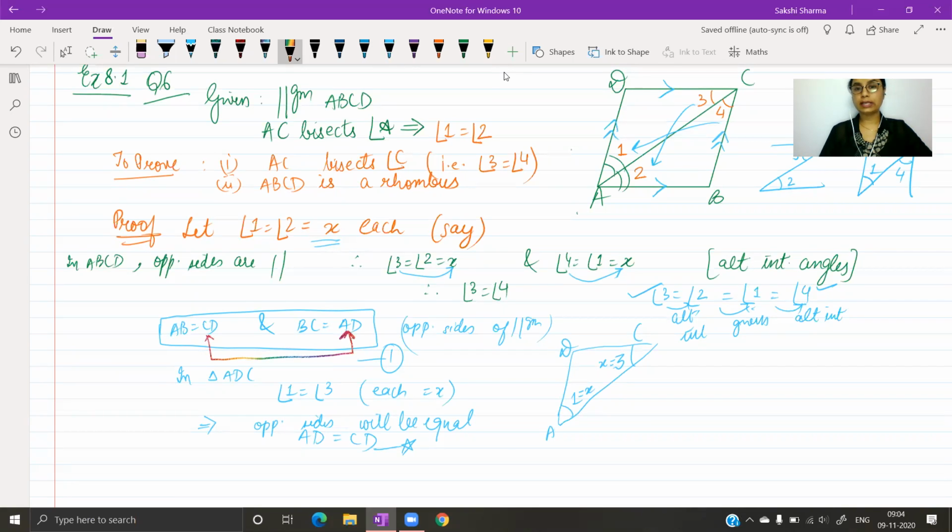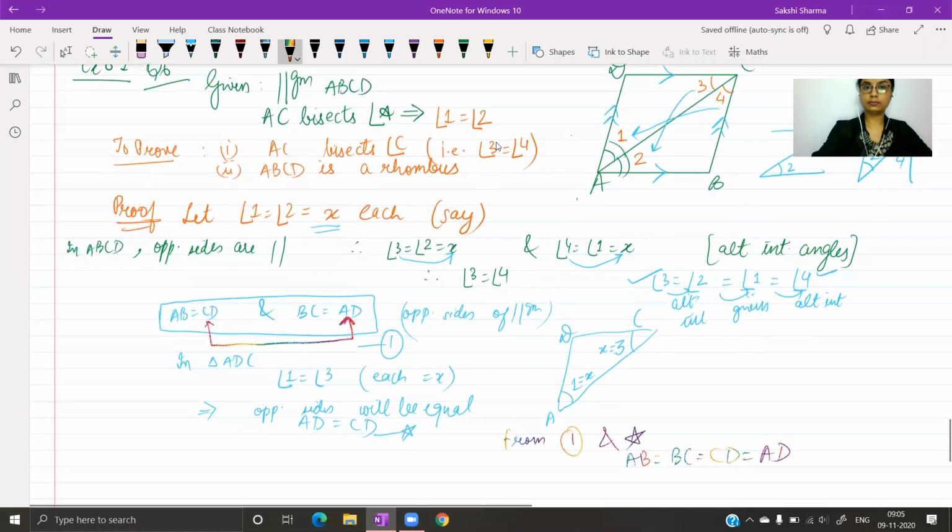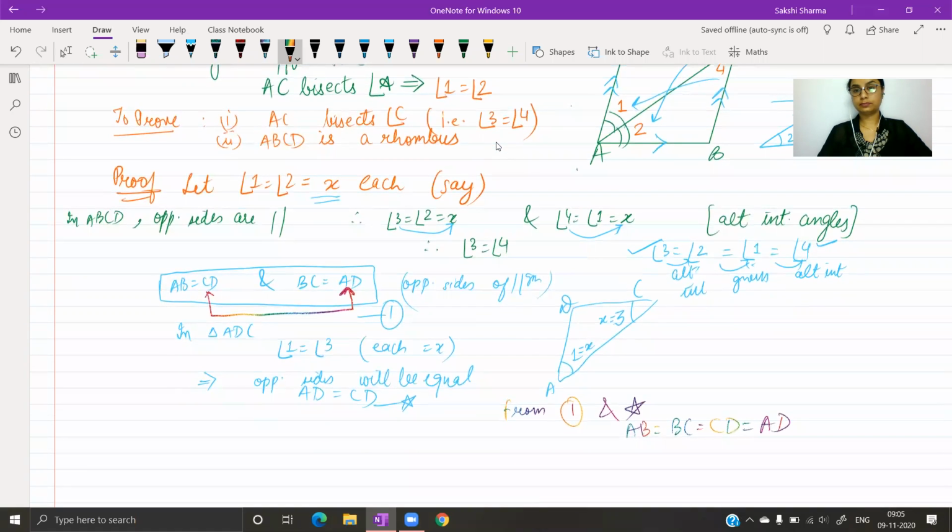So all 4 sides will be equal. If you want, you can write down that it is a parallelogram in which all 4 sides are equal.